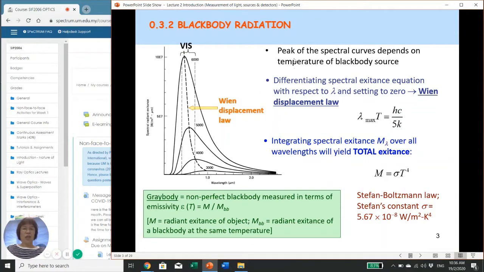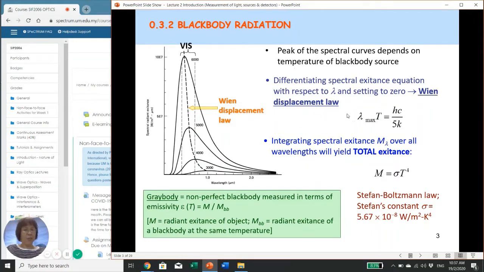So how do we get this? In order to see this relation, we differentiate the spectral excitance equation from the previous slide and set it to 0, then we will be able to get this displacement law.